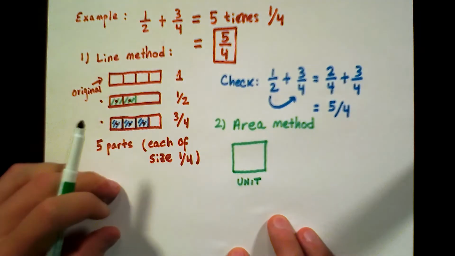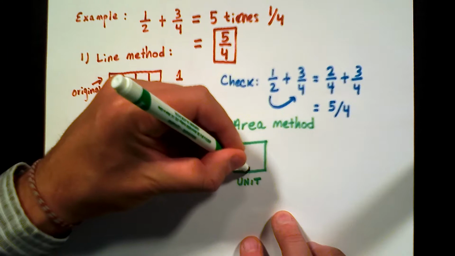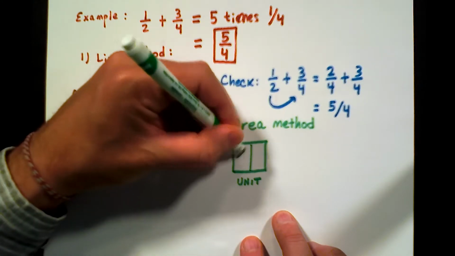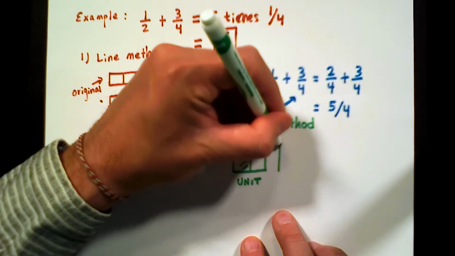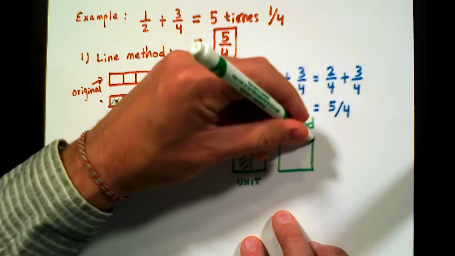You could take a square, or you could take a rectangle. And then you want to say, how do we represent 1/2? It's going to be the same. That's the full unit. And so 1/2 would be, break this into 2 equal parts. And that's 1/2. Now, how do we represent 3/4?